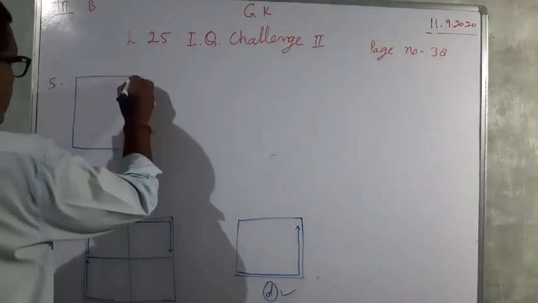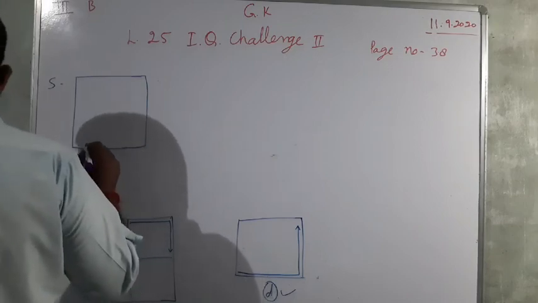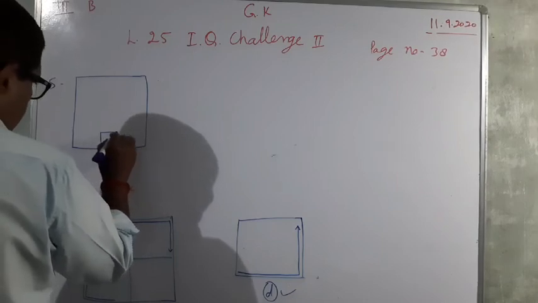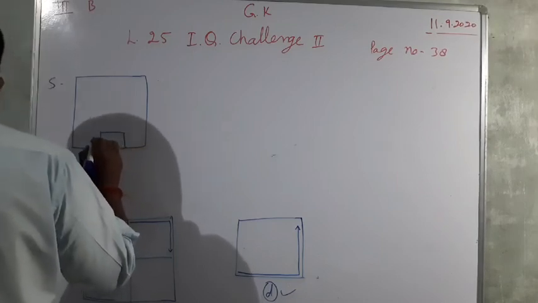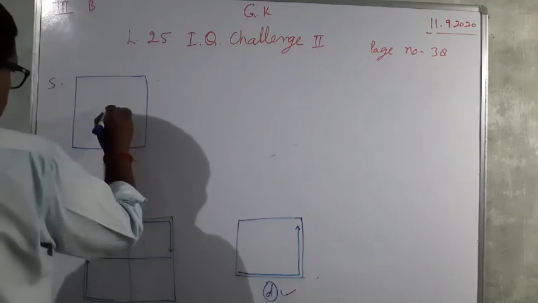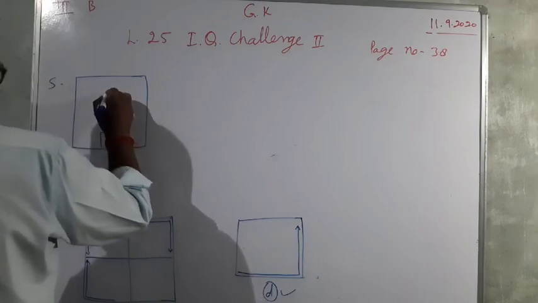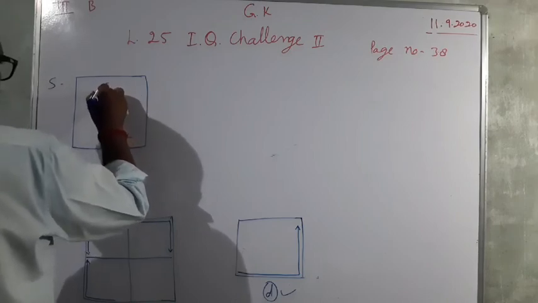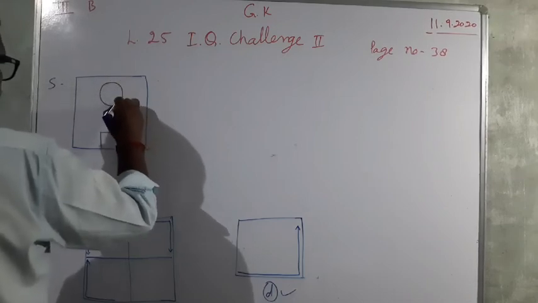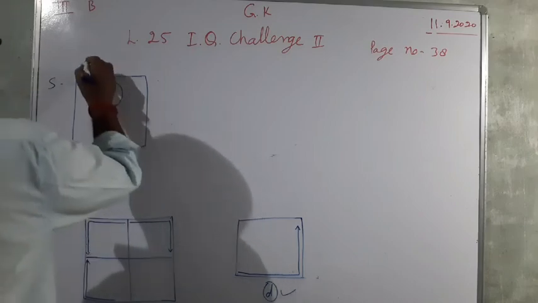In this problem figure such a structure is formed that contains an arrow, and at the tip of the arrow there is a circle. There is a circle at the tip of the arrow. This is the problem figure.